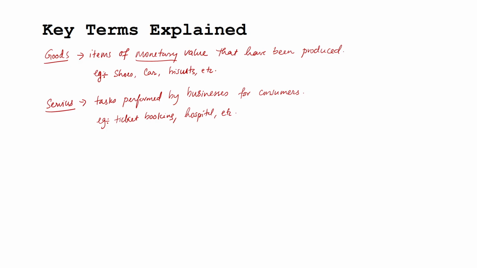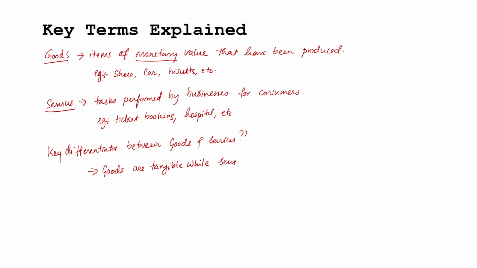Okay. So what is the key differentiator between goods and services? How do you differentiate between goods and services? The answer is, goods are tangible, while services are intangible.